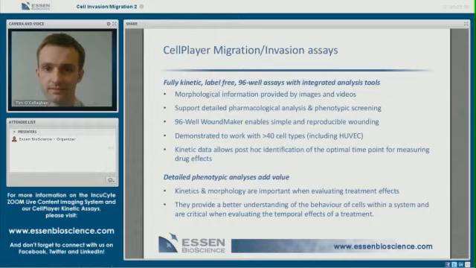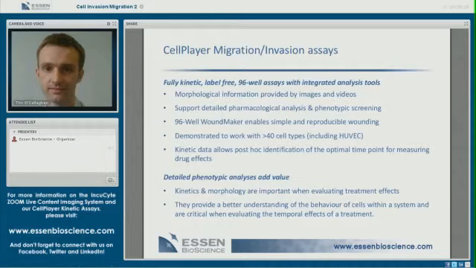So in summary, the cell migration and invasion assays are fully kinetic, label-free 96-well assays with integrated analysis tools that allow quantification of cell movement across the substrate or through an extracellular matrix. They provide morphological information through images and videos and support detailed pharmacological analysis and phenotypic screening.